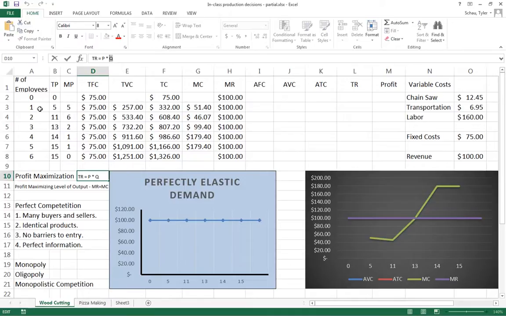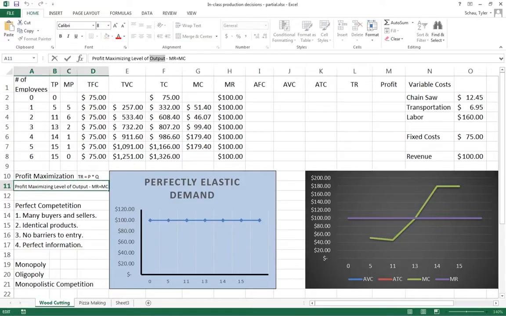And I get to set that by determining the amount of capital and land that I have, and then the number of employees I hire to put that capital and land to work. Okay? And so since all I have control over is quantity, that's why it's called the profit maximizing level of output.